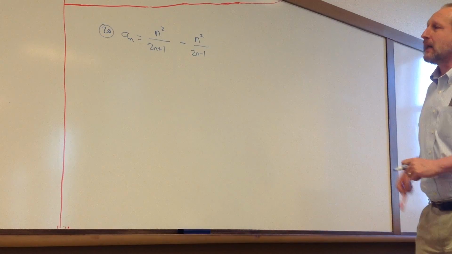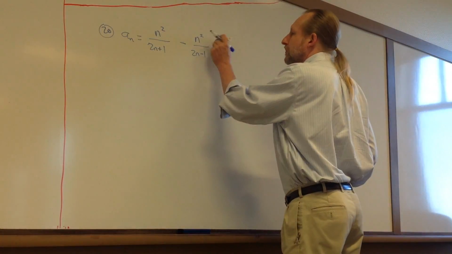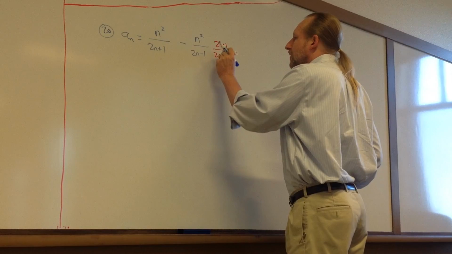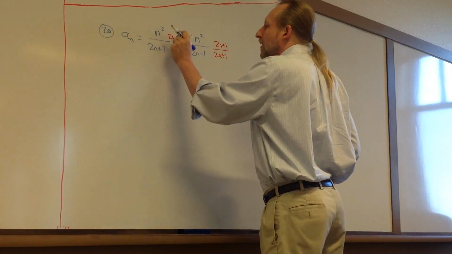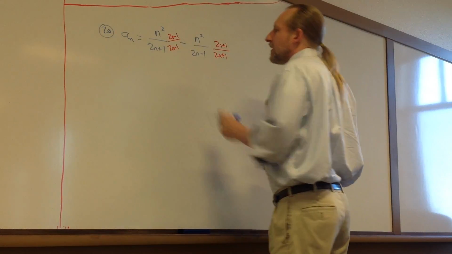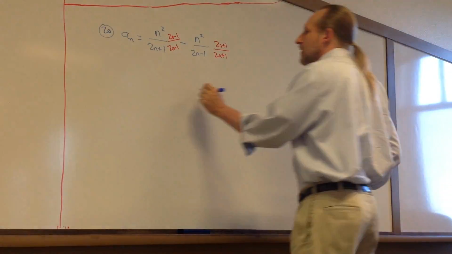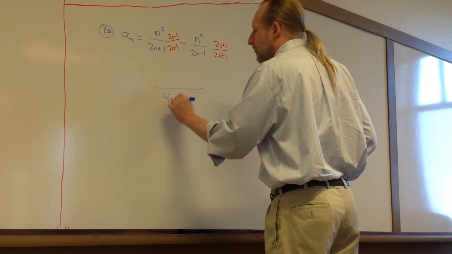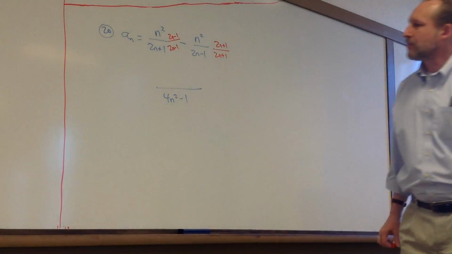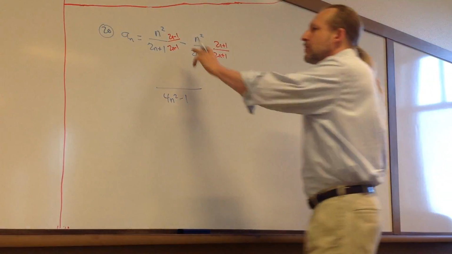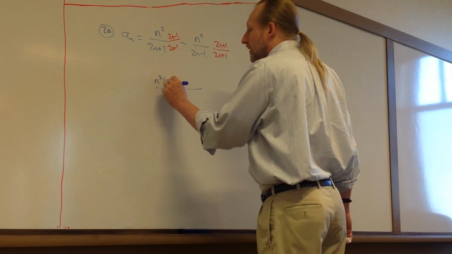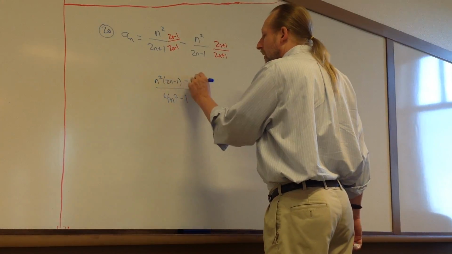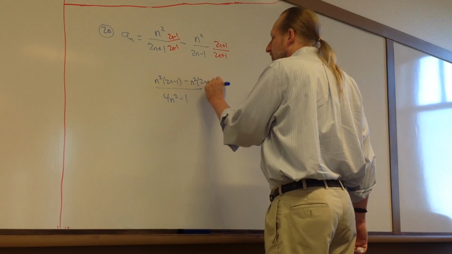I would make a common denominator here. I would multiply this by 2n plus 1 over 2n plus 1, and multiply this by 2n minus 1 over 2n minus 1. So now our denominator is going to be 2n plus 1 times 2n minus 1, or 4n squared minus 1. In the numerator, we get n squared times 2n minus 1 minus n squared times 2n plus 1.